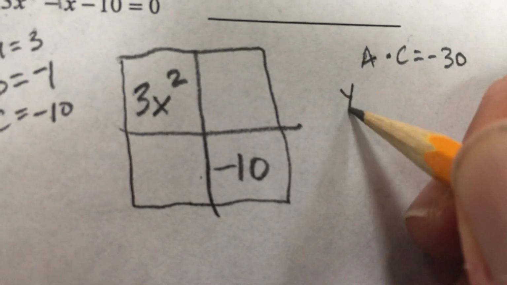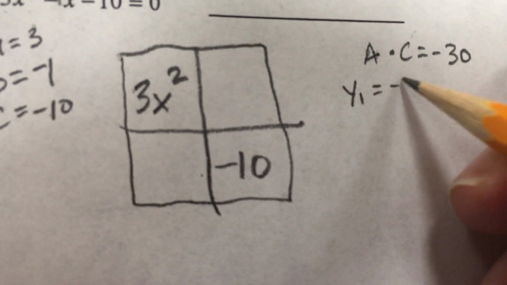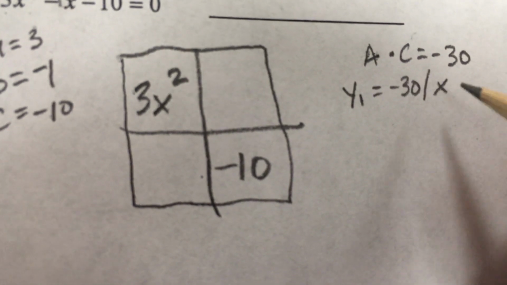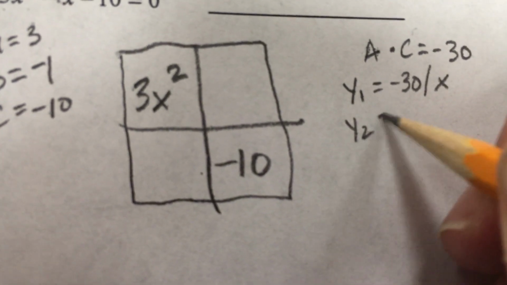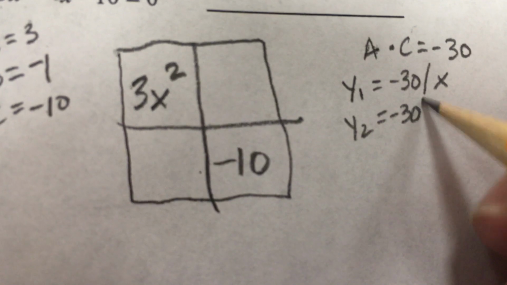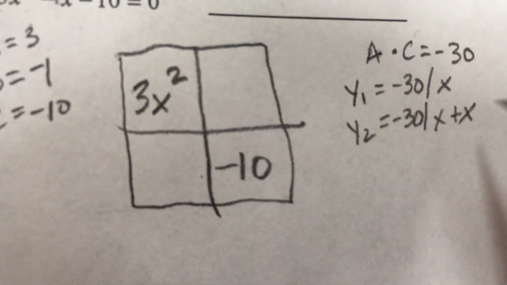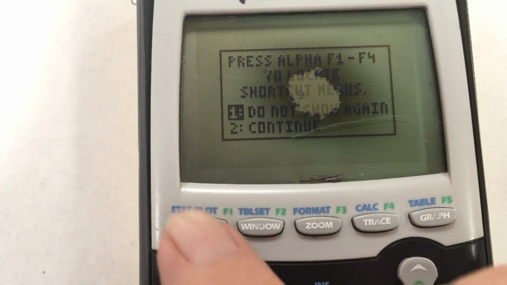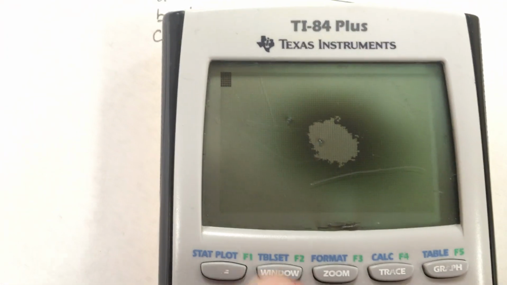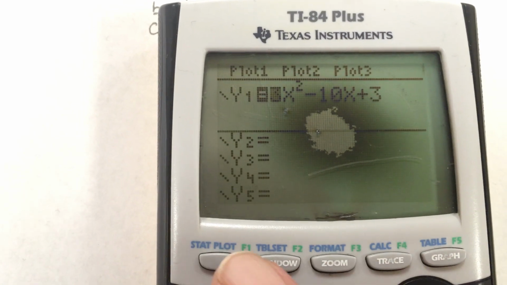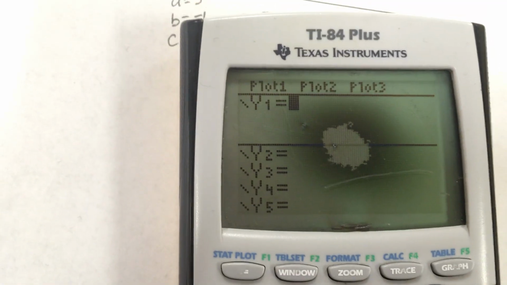So in our calculator, in y1, we'll put -30 divided by x. And in y2, we'll put -30 divided by x plus x. So I grab my calculator, go to y equals. I'm going to clear that.